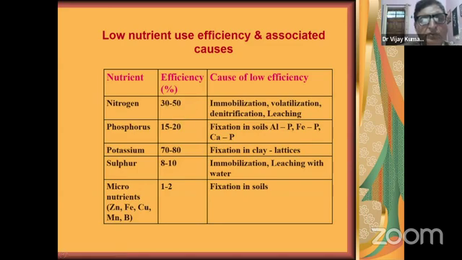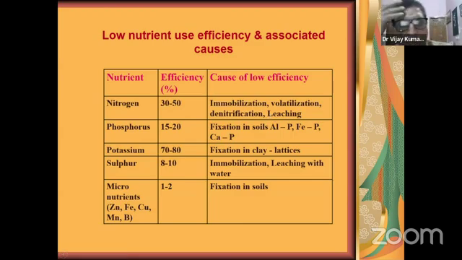Where does the rest go? It goes through immobilization, volatilization, denitrification or leaching. It goes into the air, or into the soil where it gets converted into nitrate and nitrite form.